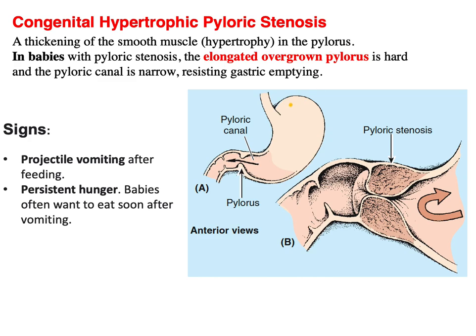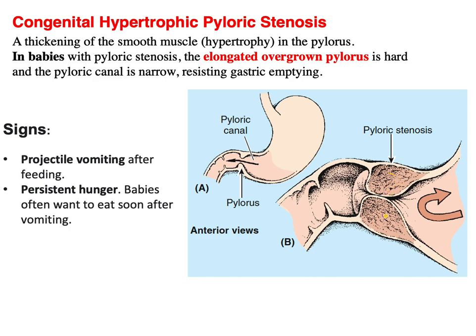We have a congenital anomaly seen especially in babies, in which this is the pylorus, or pyloric sphincter. And look at the thickening of the smooth muscle. It is thickened beyond the normal, something called hypertrophy. Hypertrophy is the thickening of the smooth muscle in the pylorus.